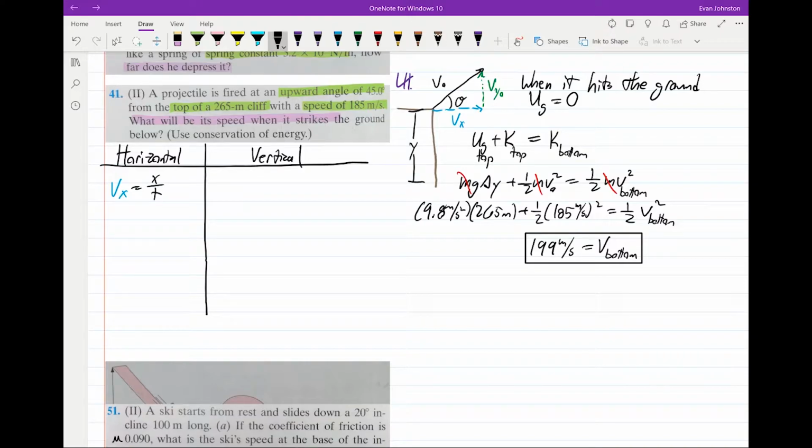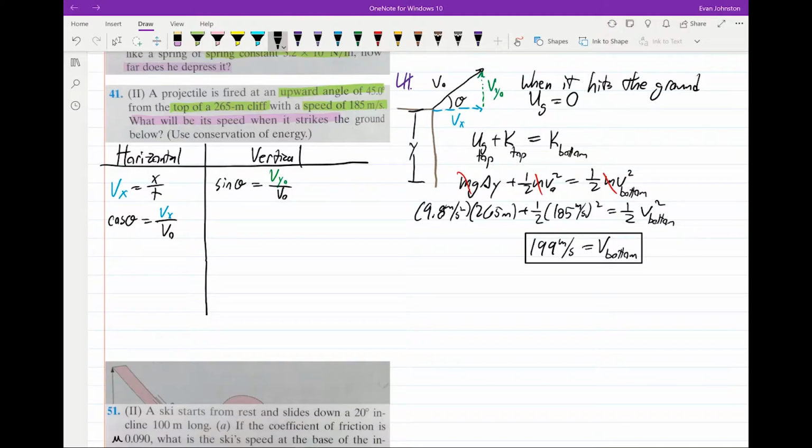We would have had to use some cosine, and using cosine, we would have said that cosine of our angle would give us the x velocity over the initial velocity. We would have done something similar on the right-hand side, and said that sine of that angle would have given us the initial y velocity over the total initial velocity.